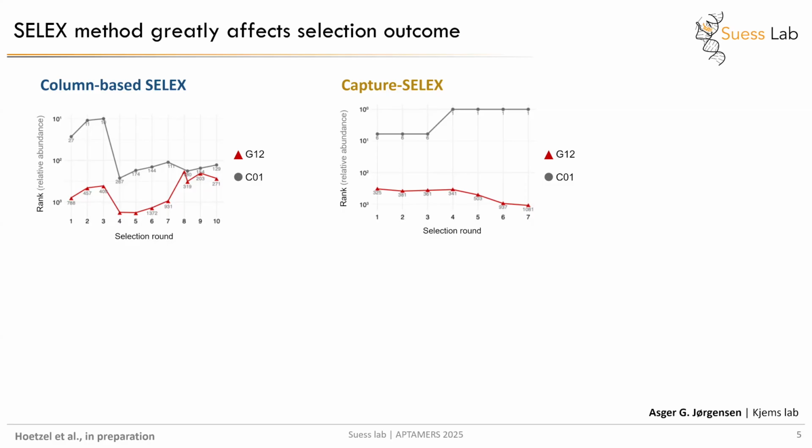So we asked what happened, and we then simply tested G12 in the capture SELEX setup to hybridize to the capture oligo, and it didn't work. This might be due to the structure that I showed you later, but it seems that due to the structure of this particular aptamer, it doesn't couple to the capture oligo anymore, and it can't be selected by capture SELEX.